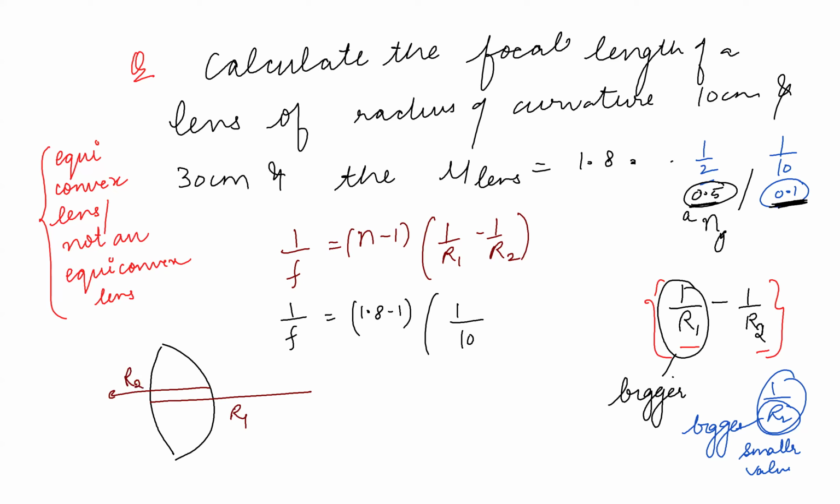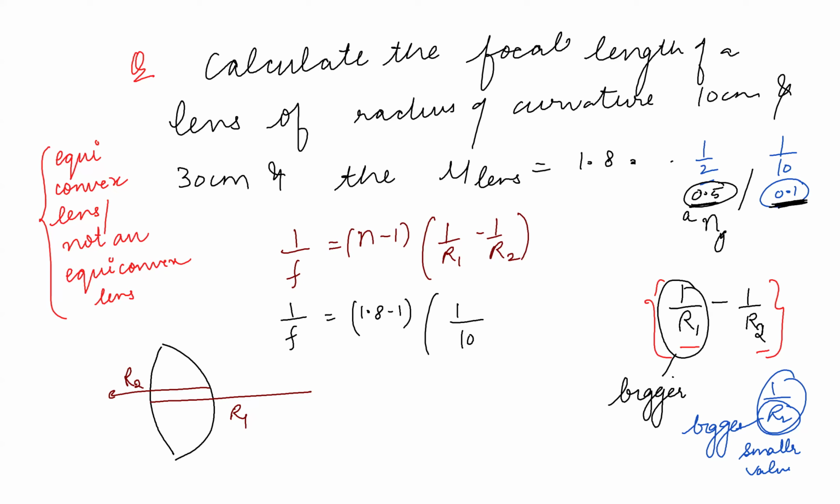Any doubts on this? So when one is R1 and one is R2, what does that mean?